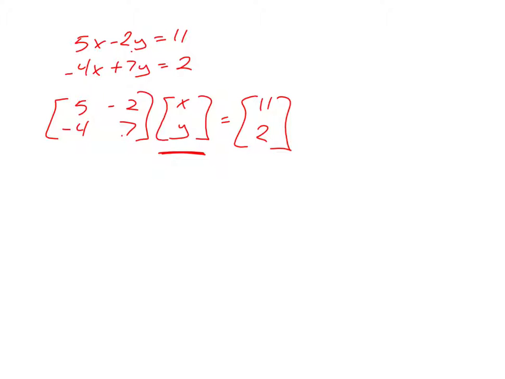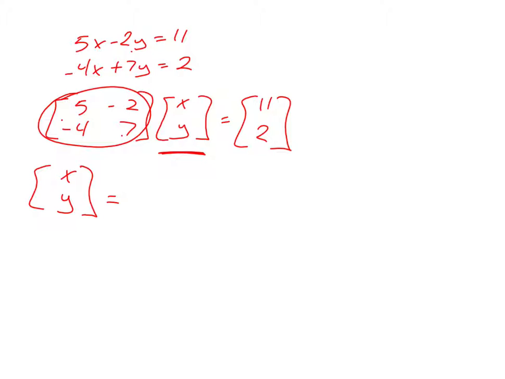So the matrix identity times x y is just going to give me x y. So what we want to do is multiply both sides by the inverse of that, and that's going to give me my solution. Okay, so I've got x and y, and then I want to multiply 11 over 2 by the inverse.